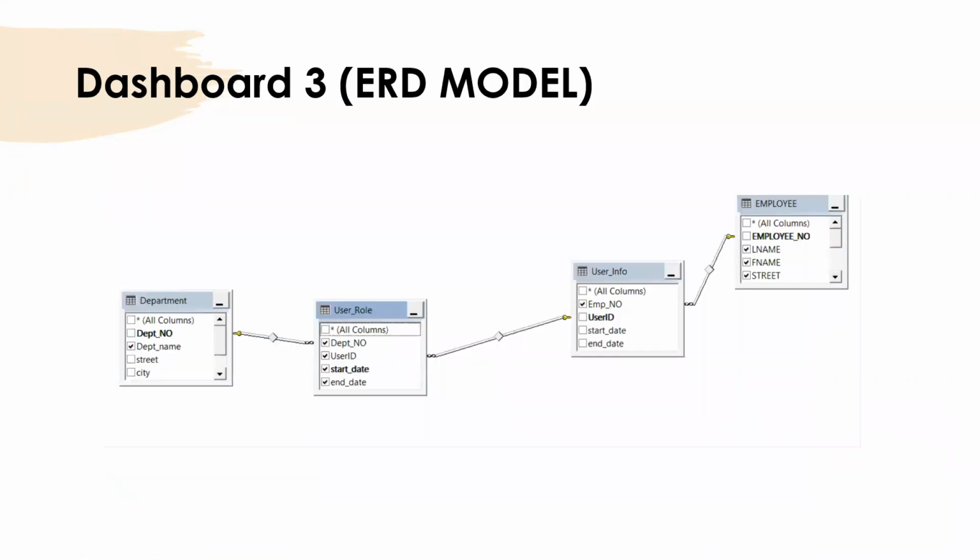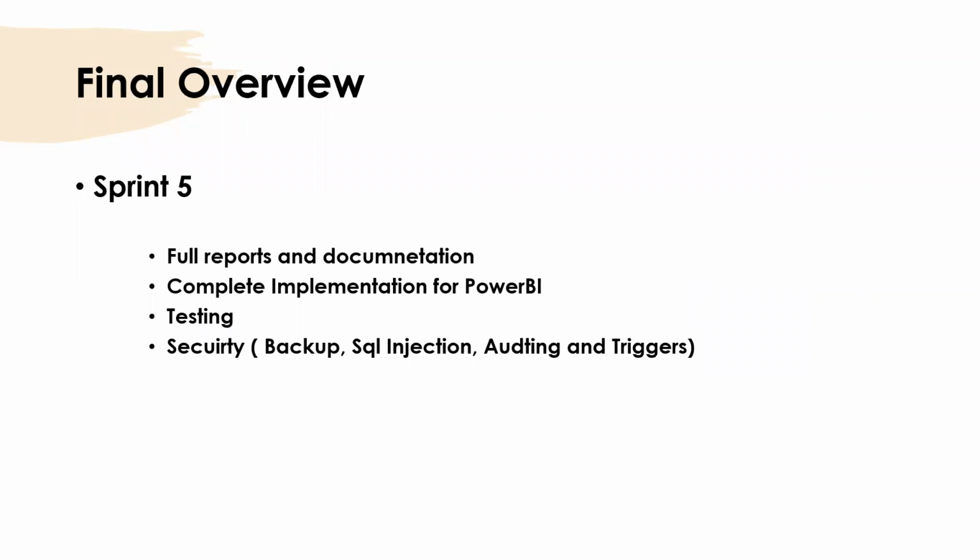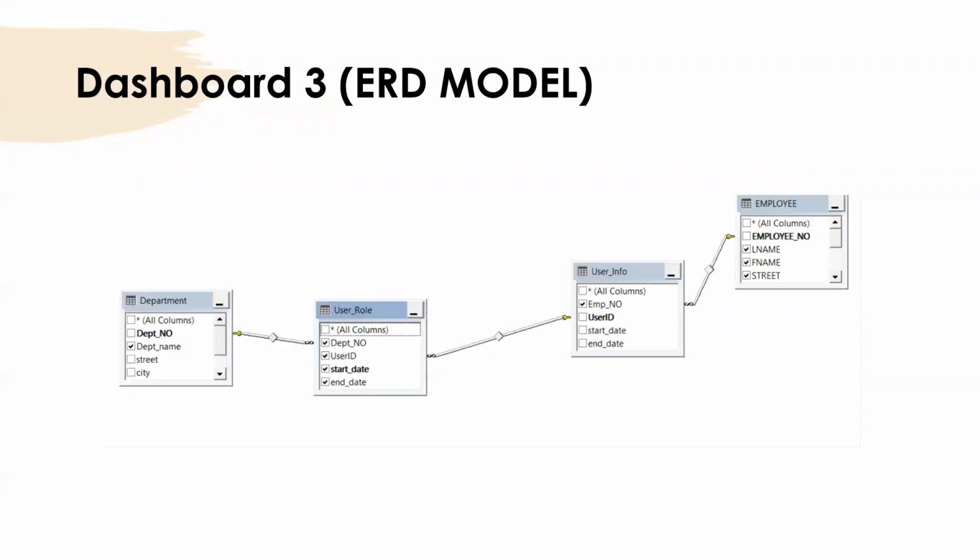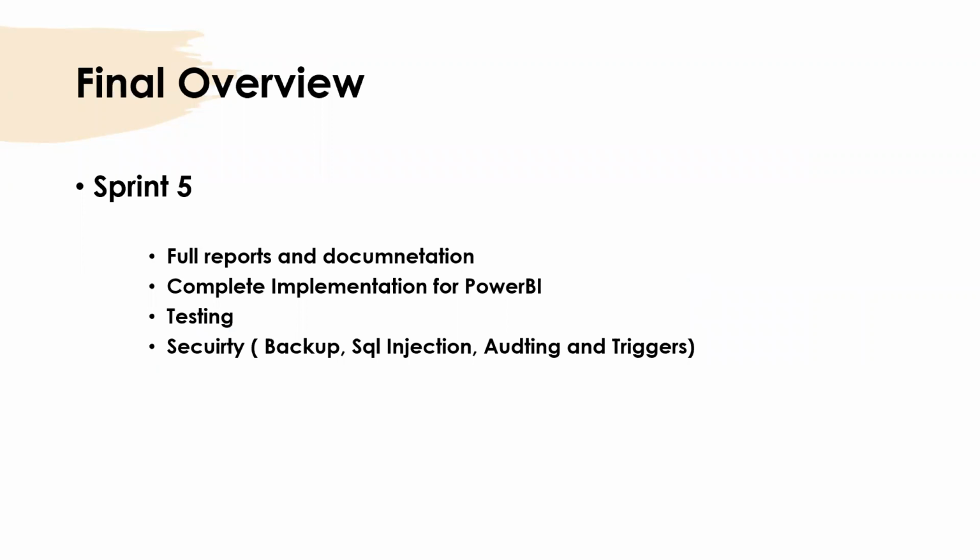And this is the data model for our use case, where department, user role, user information, and employee are taken as the entities playing a role for the dashboard. So this is pretty much what we did for Sprint 4: creating the three dashboards, updating our Jira, Trello, and Gantt charts, and some implementation for our data governance.